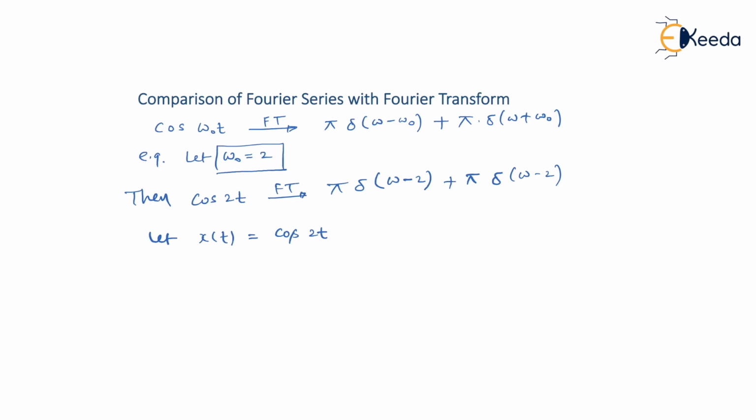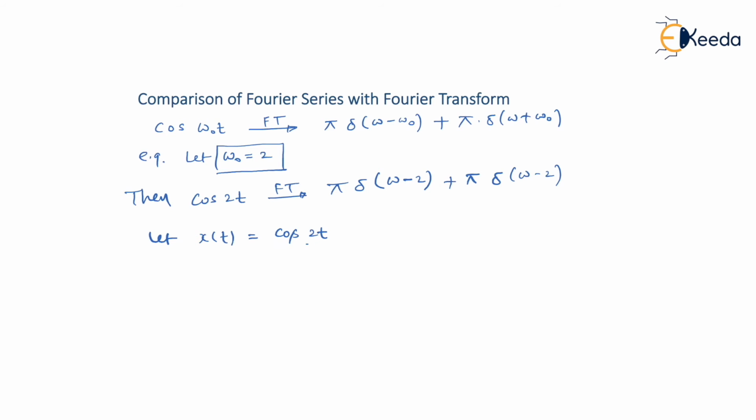If you remember, we have written a trigonometric Fourier series as a naught plus summation from k equal to 1 to infinity of ak cos k omega naught t plus bk sin k omega naught t. So there we try to express our signal in terms of sine and cos only. And this is already in terms of cos. So I would say that the given signal is already in the form of a Fourier series.